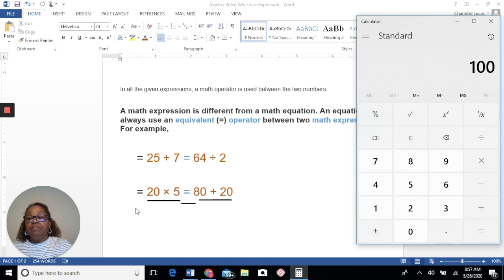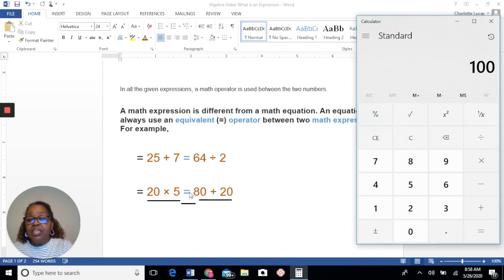Okay, we need to see if this expression 20 times 5 is equal to this expression 80 plus 20. So 20 times 5 is 100. Let's see if 80 plus 20 is 100. So 80, and we hit our plus button. The operation is addition, 20, and then we hit our equal button. Very good, 100.